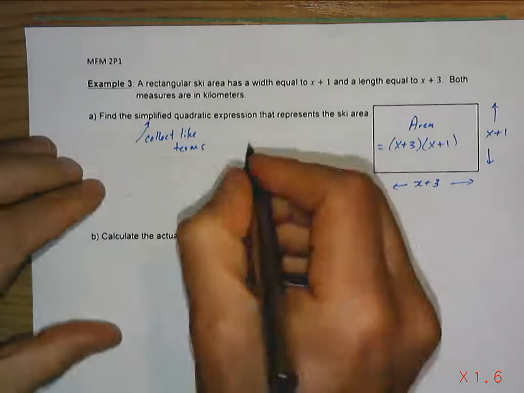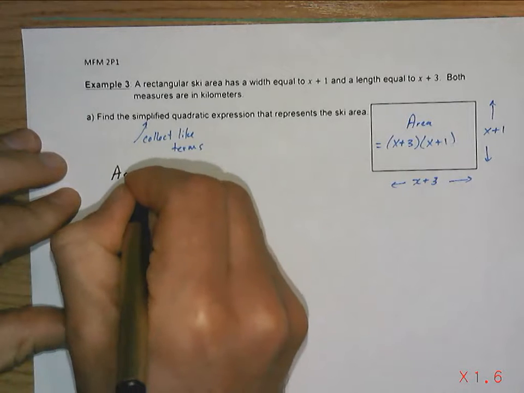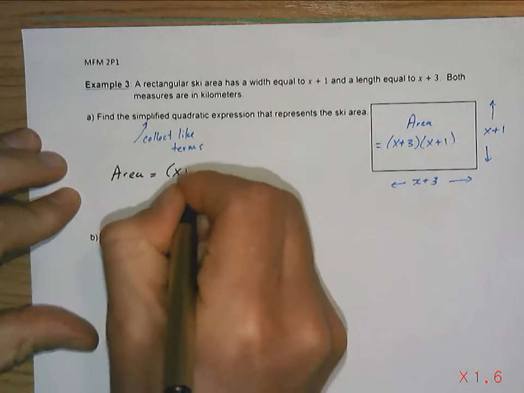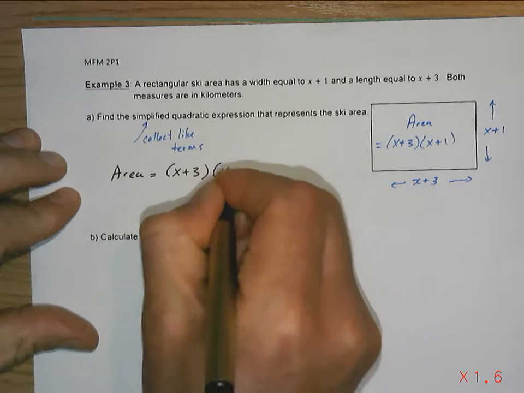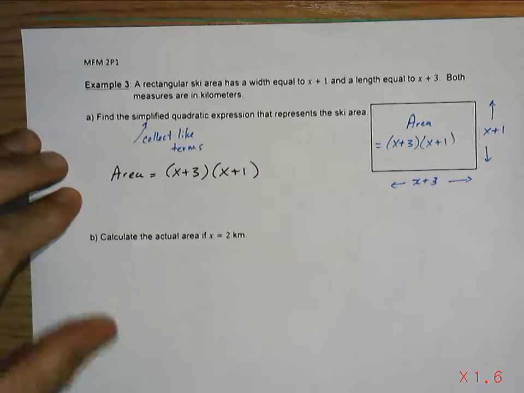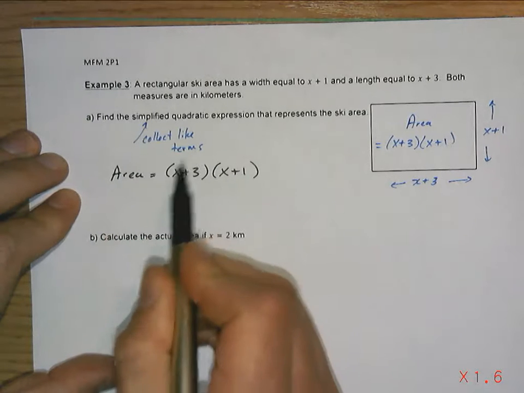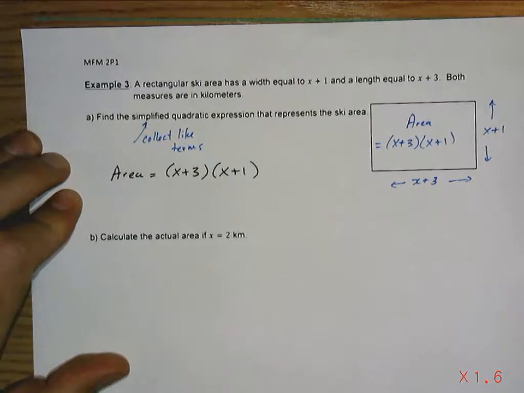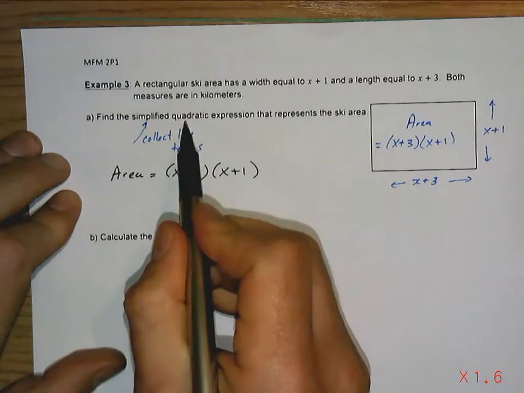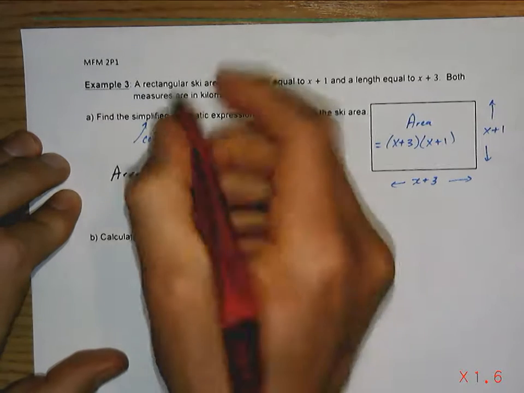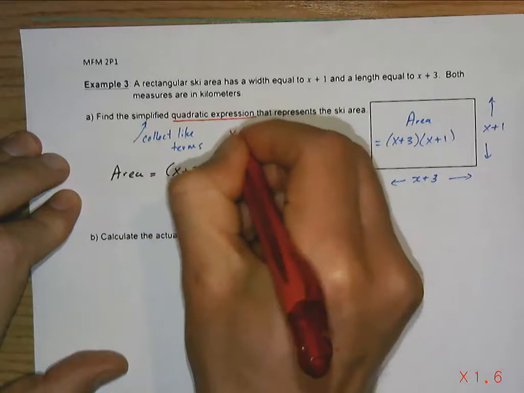So let's do some work out here. Area is going to equal x plus 3, which is length, x plus 1, which is width, but they want a simplified quadratic. This isn't expressed as a quadratic. It will be a quadratic when we expand it, but it's not expressed as a quadratic. To be a quadratic expression, we're looking for an x squared term.